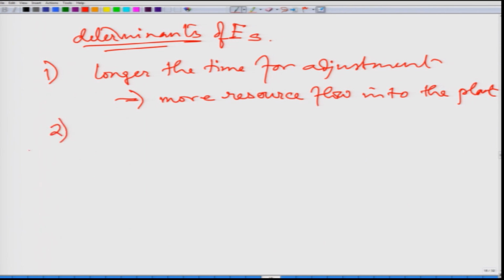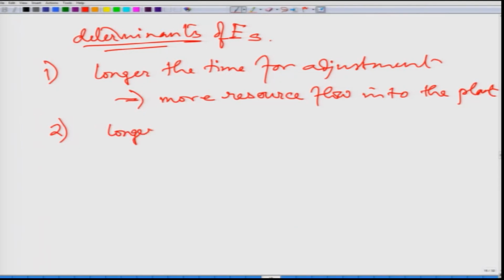The second is that the longer the time allowed, the entry of firms increases or decreases depending on the condition of that market in a particular industry.